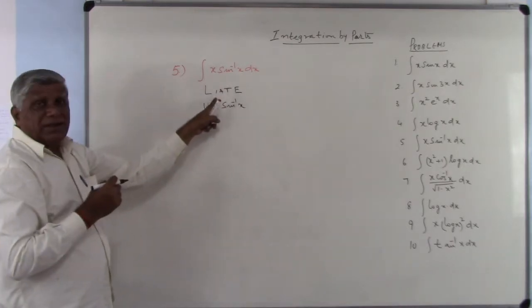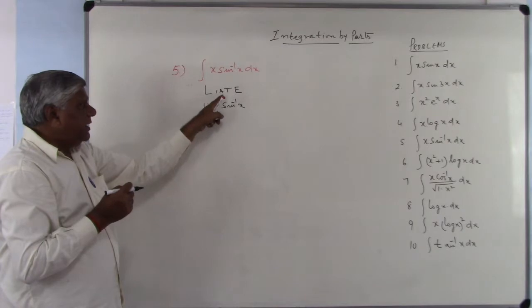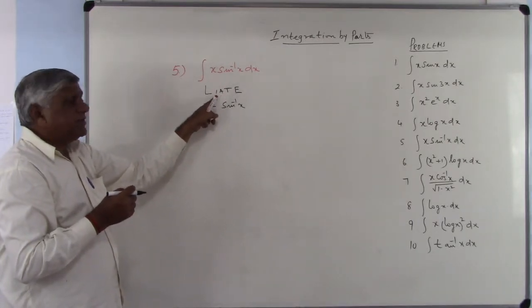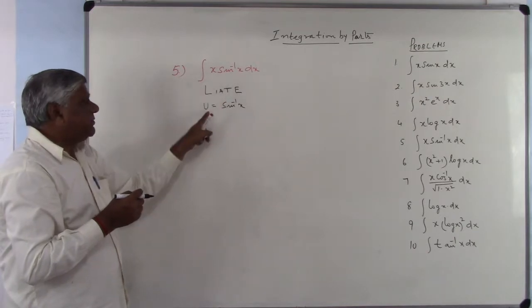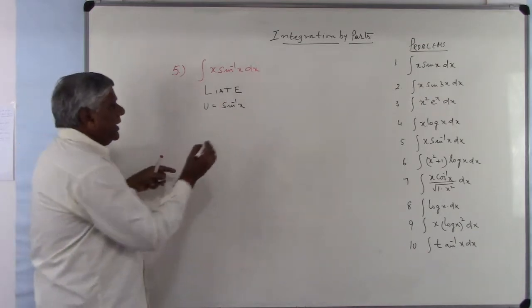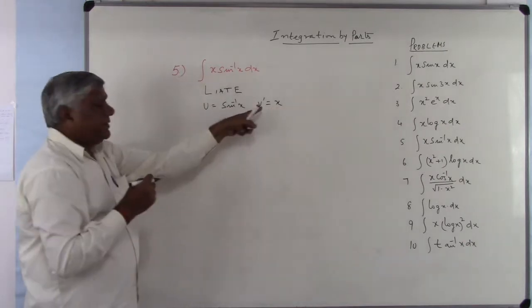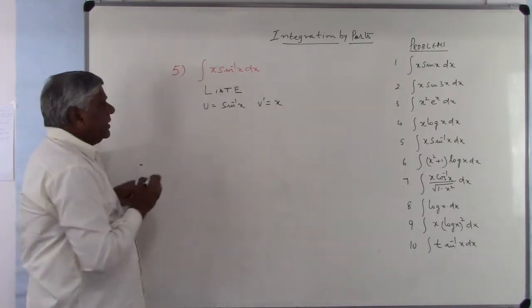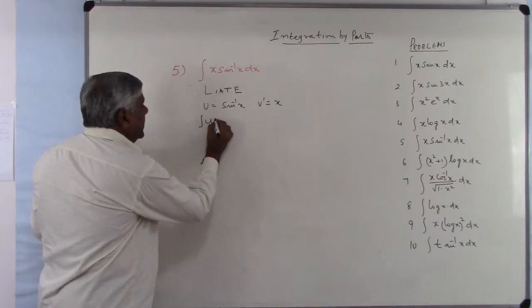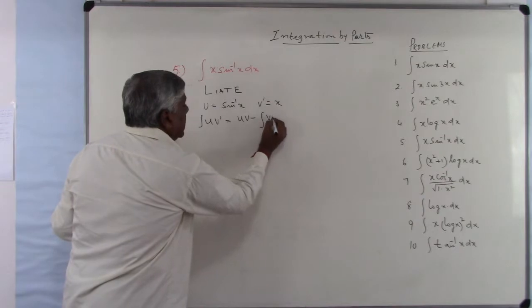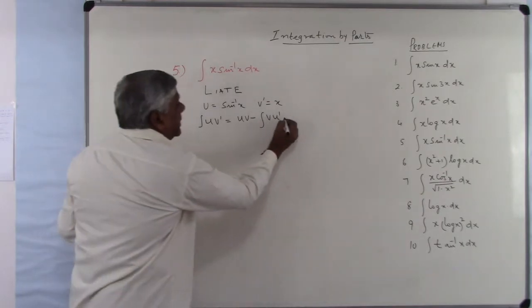Are you following here? See, in case of inverse and algebraic function, inverse comes first, algebra comes next. Therefore, sine inverse x we have selected as u. Next, v dash as x. Now, therefore, integral uv dash is equal to uv minus integral vu dash into dx.